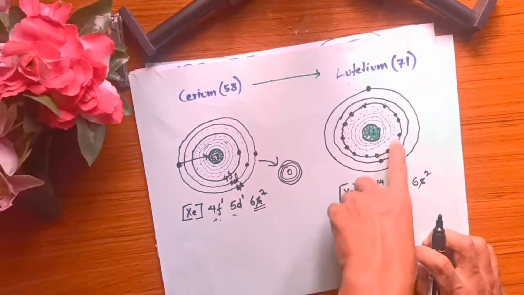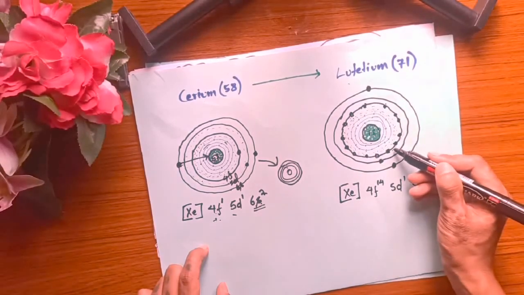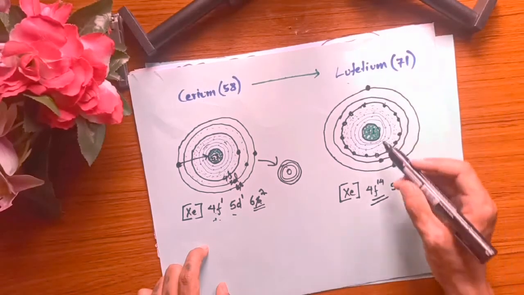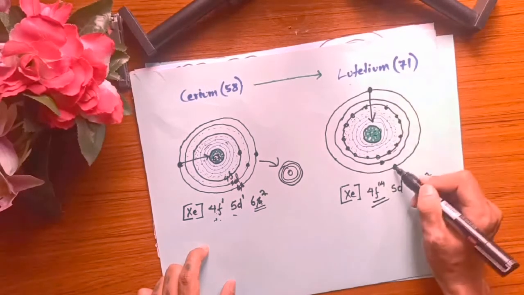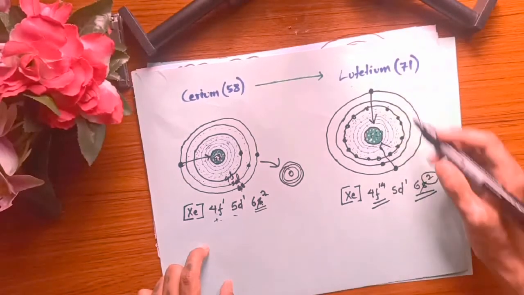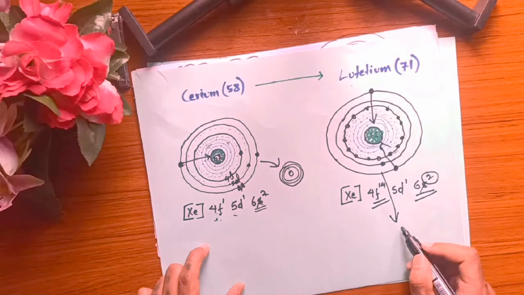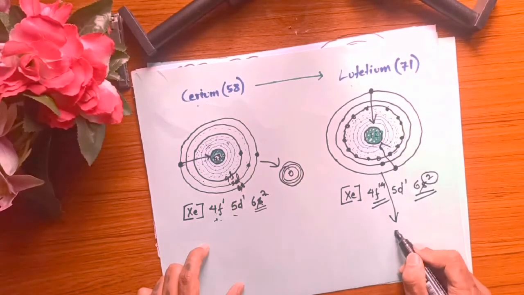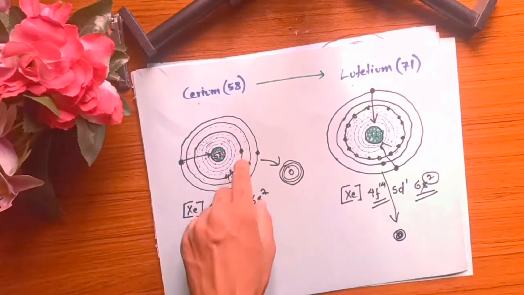So there are more electrons here, but considering the fact that the 4f orbitals are very far away from the nucleus, again, the 71 protons are easily going to pull these outer electrons, these 2 6s electrons, more, and hence it's going to pull even more as compared to that of the cerium here, and it's going to get even smaller in size, more contracted than that of the cerium here.